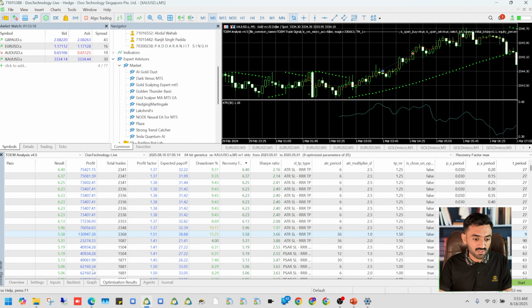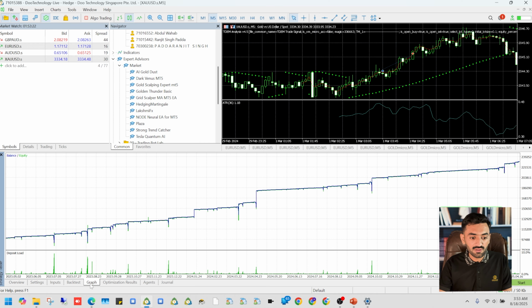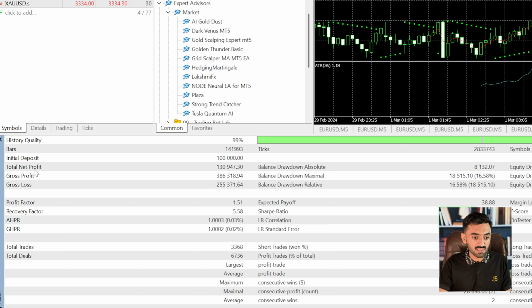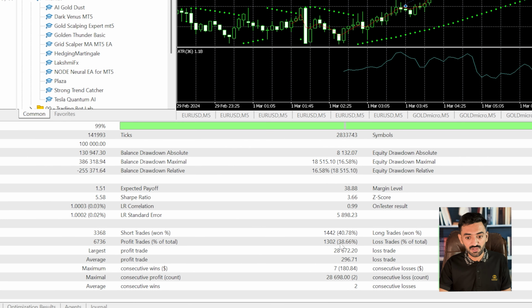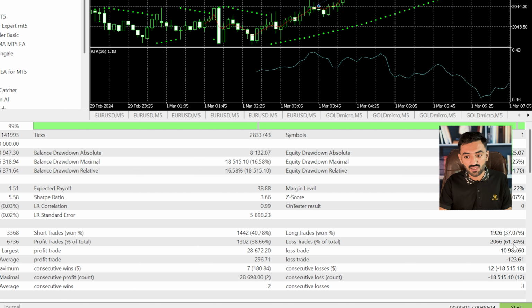Here on the screen you can see two tabs, the backtest and the graph. In the graph, here is the equity graph, how the graph is going up, and in the backtest you can see the total deposit, total net profit, gross profit, loss, profit factor, and here is the recovery factor. Here you see profit trades are only 38.66%, but the loss trades are 61.34%.